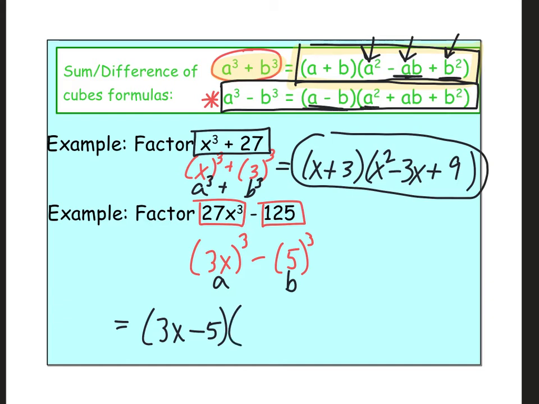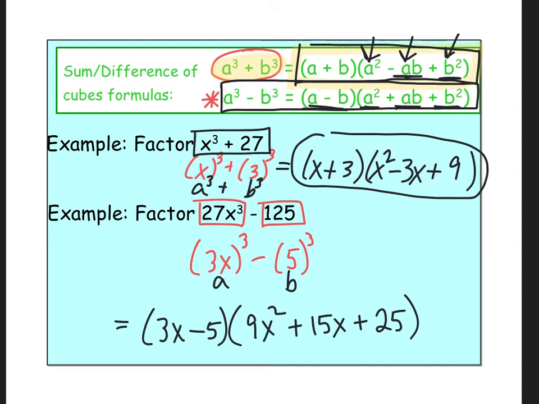Okay, then a squared, so here's the thing, a is 3x, right? 3x squared, when you square the whole thing, becomes 9x squared, plus a times b, 3x times 5 is 15x, and then plus b squared. Our b value is 5. 5 squared is 25. Okay, so there's the answer. That is factored. That's going to be factored all the way.